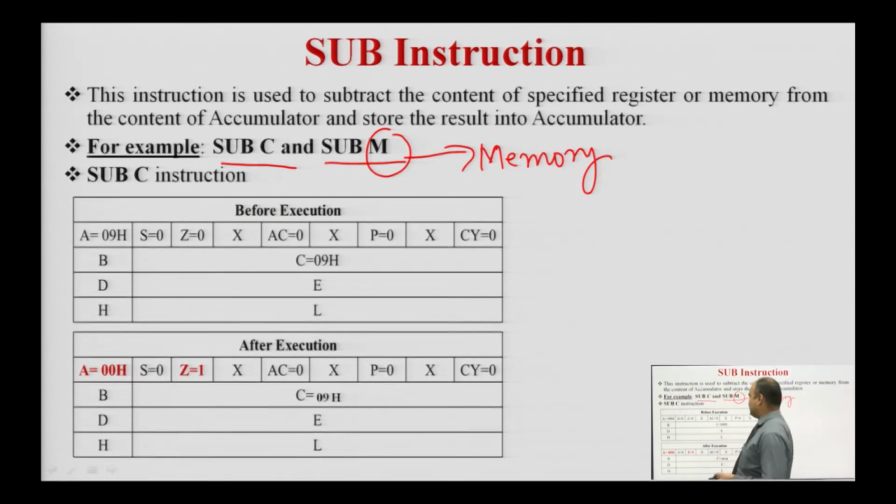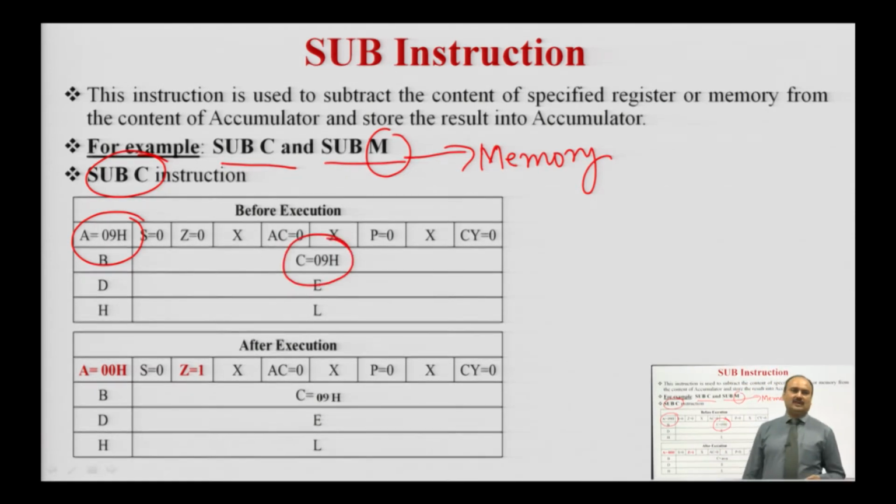I am taking one example here, the instruction SUB C. Whenever the microprocessor executes this instruction, it will subtract the content of C register from the content of the accumulator and store the result into the accumulator register. Before the execution of this instruction, the content of the accumulator is 09H and the content of C register is again 09H, meaning both contents are the same.